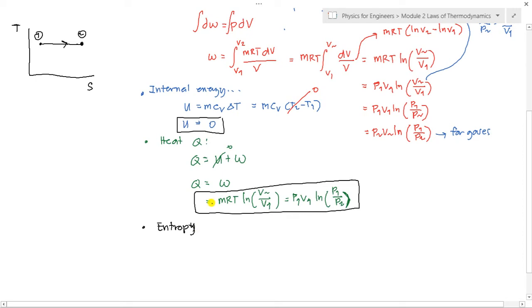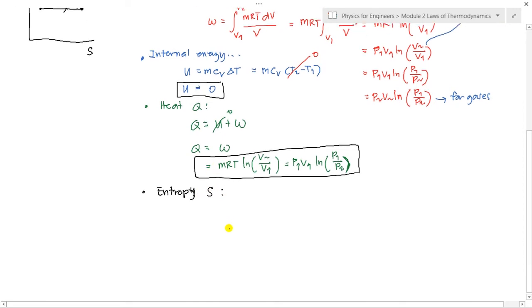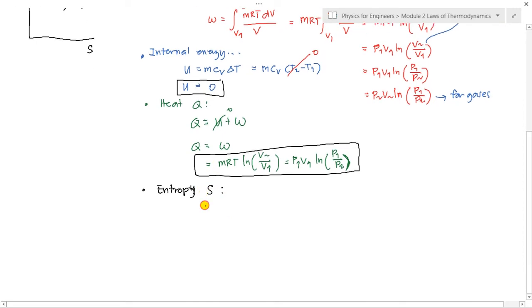Again, entropy is represented by S. That is dq equals T ds. And here, we know that ds equals dq over T. And we all know that q here is a function of T, that is mRT ln V2 over V1.